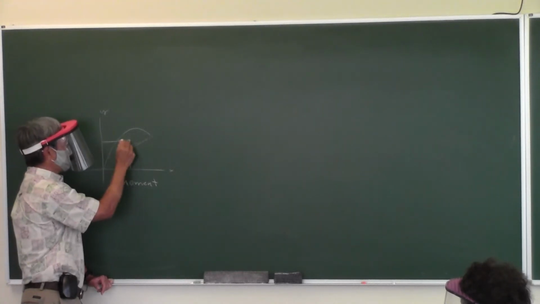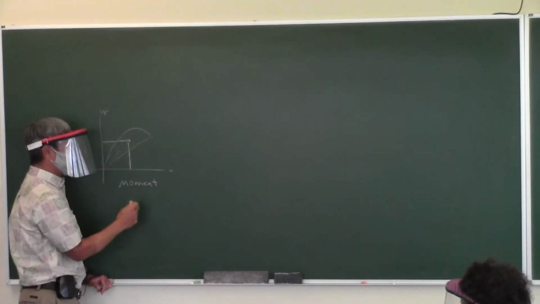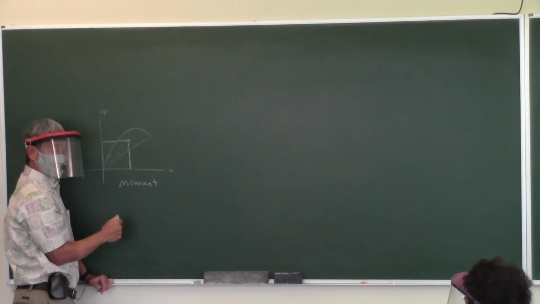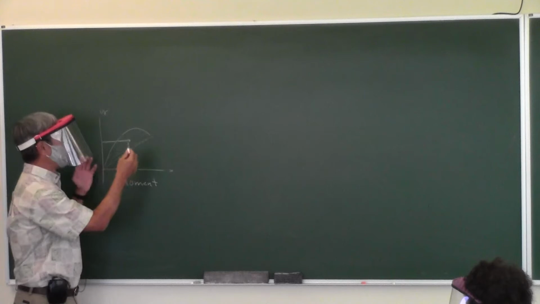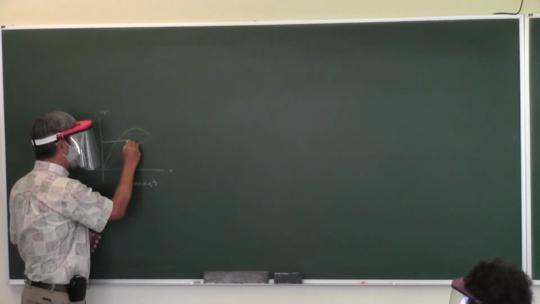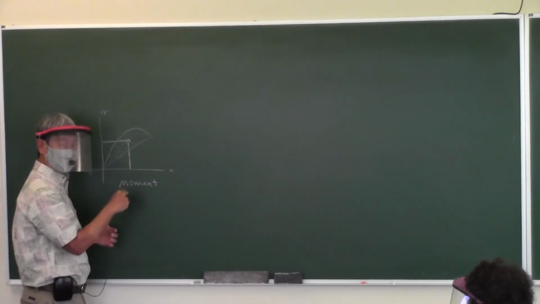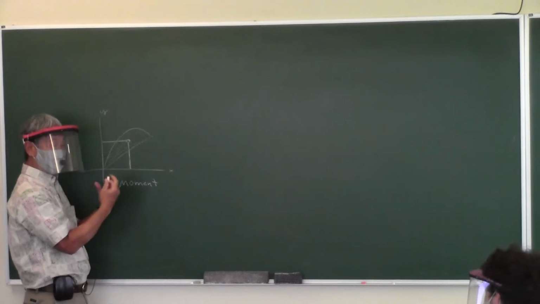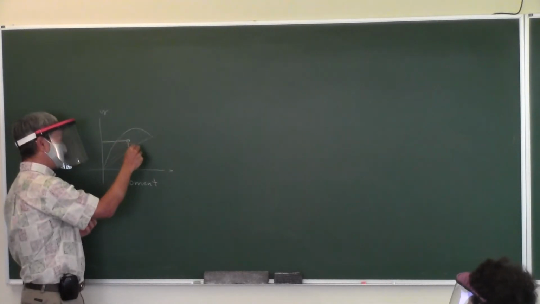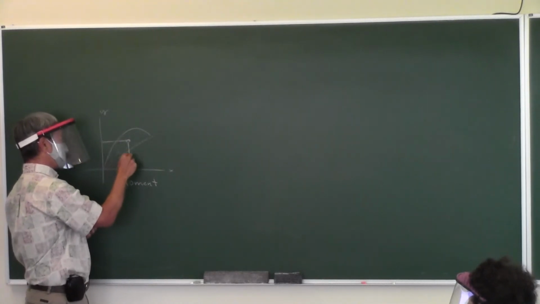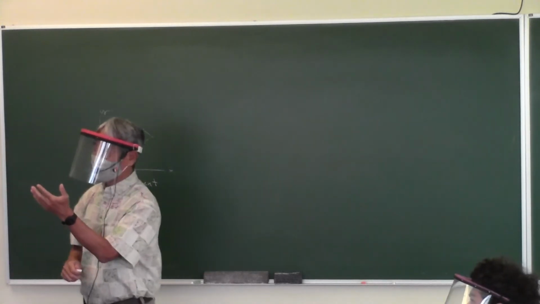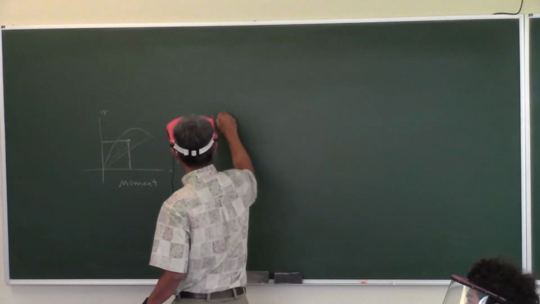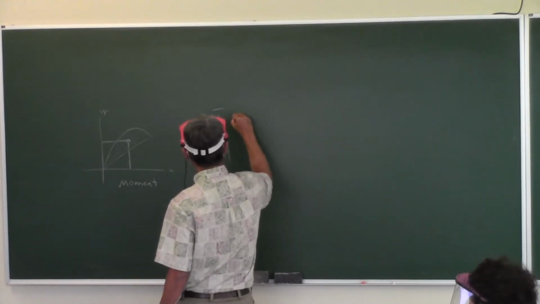And again, this is the moment about the y-axis, and that's the moment about the x-axis. And then you can think of the same thing for a centroid. The entire area is just located right there. And again, the moment of area would be the area multiplied by the distance from the y-axis and the distance from the x-axis.